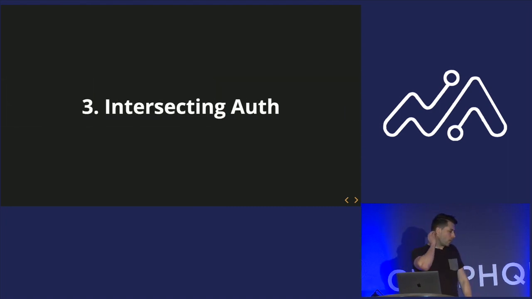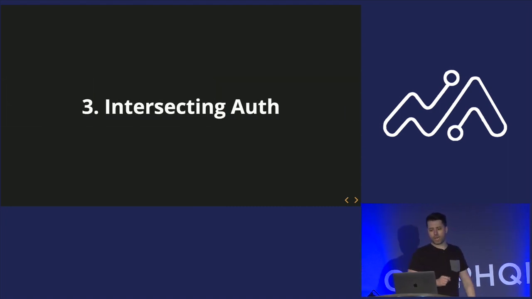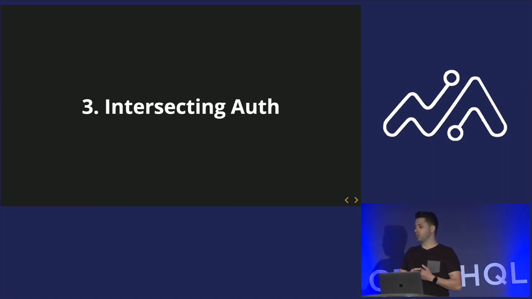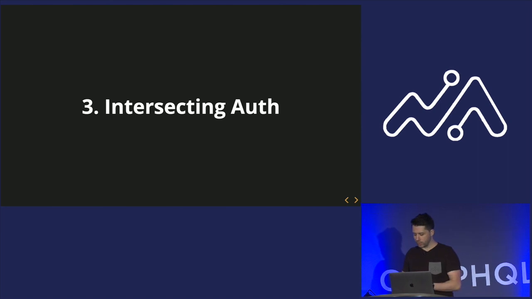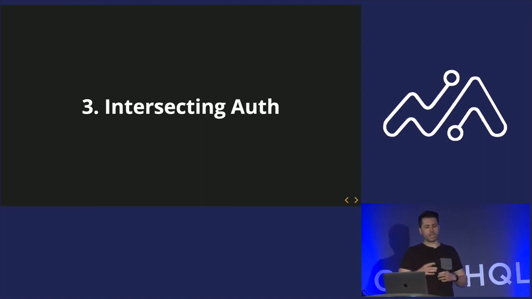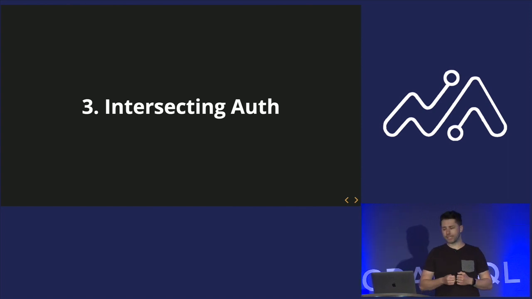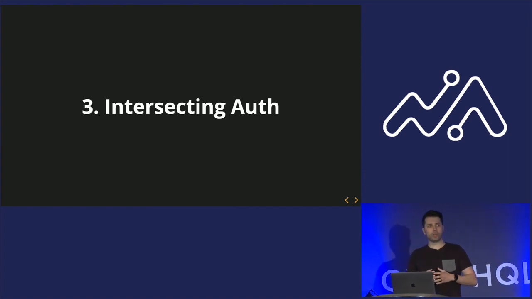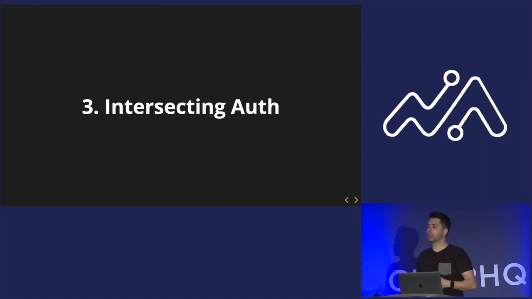OK, intersecting with auth information. So this one's interesting because there are different ways to set up your application, obviously. There are different ways to set up your database as it pertains to your use case. A common one that I'm seeing is if you've got maybe you wouldn't call it a multi-tenanted app, but if you've got an application that has many different users in it that are each unto themselves in different organizations, you've got a couple options.